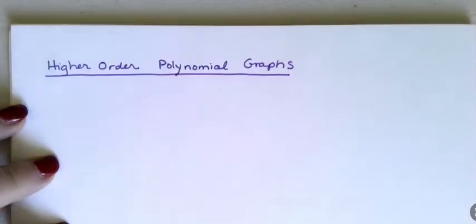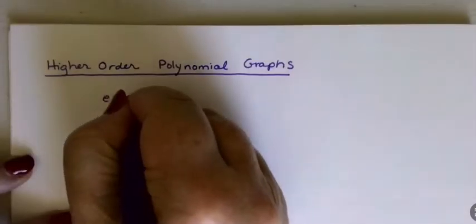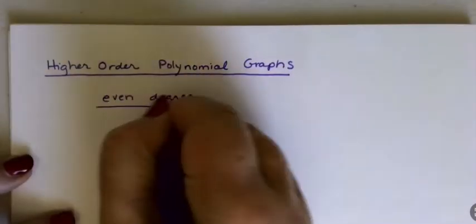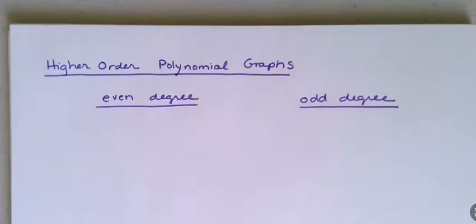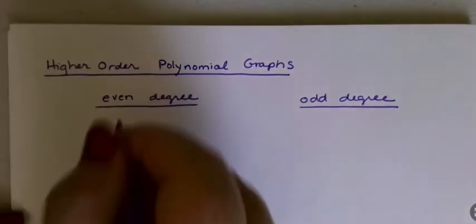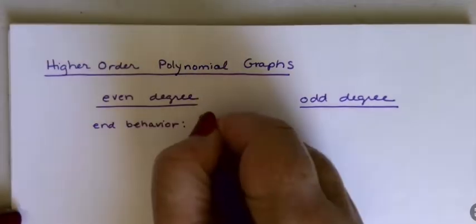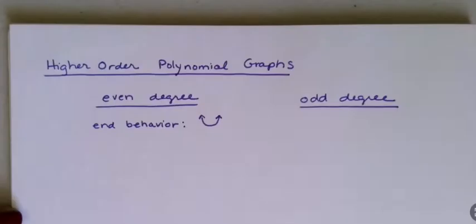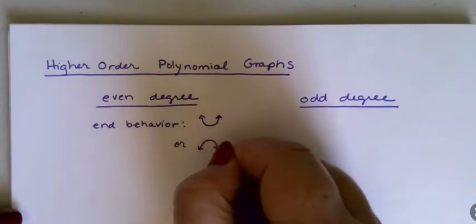Think back for just a minute to section 2.5, and I want you to particularly focus on the difference between even degree and odd degree polynomials. If your polynomial had an even degree, we knew that the end behavior would be like the parabola, either both ends up or possibly both ends down if it was reflected, right?